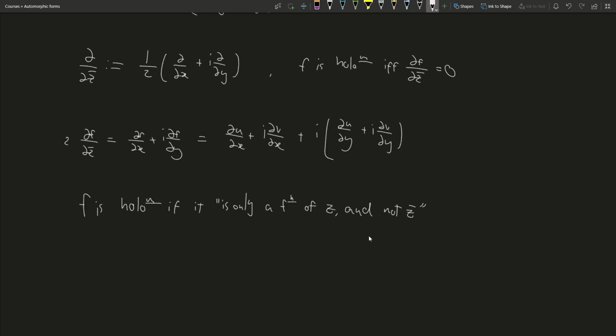And this is, of course, not something that can really be taken literally, but it gives the correct intuition. So, for example, whatever polynomial in z, or rational function of z if it didn't have poles, is going to be holomorphic. e to the z is holomorphic. Log z away from the pole is holomorphic.